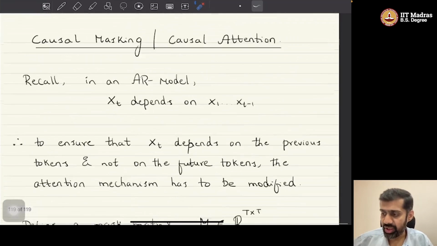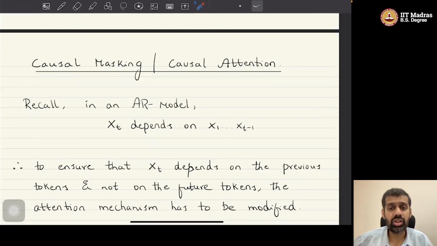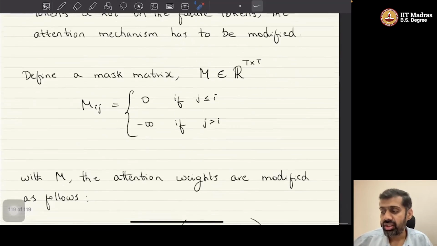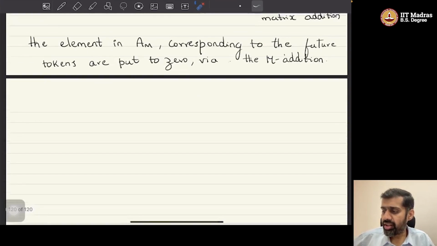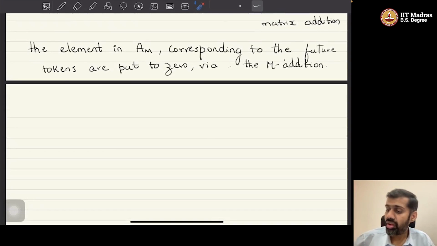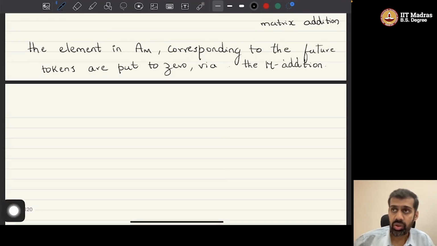So this is the idea of causal masking or causal attention, which is used in all the decoder only generative models based on the attention mechanism. Okay, so one other technique that is used in a transformer based autoregressive model is what is called multi-head attention.